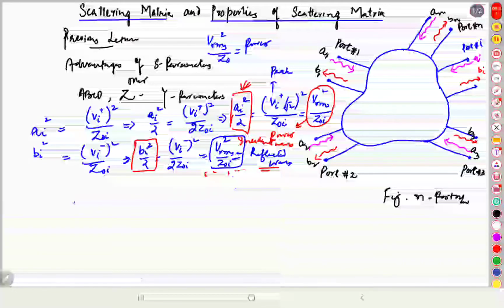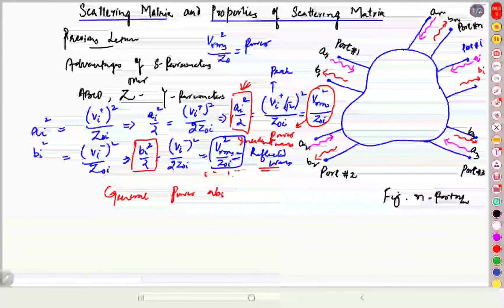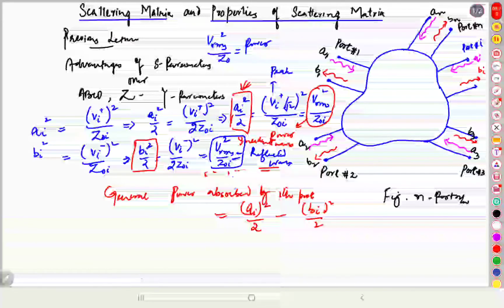So in general, power absorbed by the ith port is equal to AI square by 2 minus Bi square by 2, where AI square by 2 corresponds to incident power, and Bi square by 2 corresponds to reflected power.